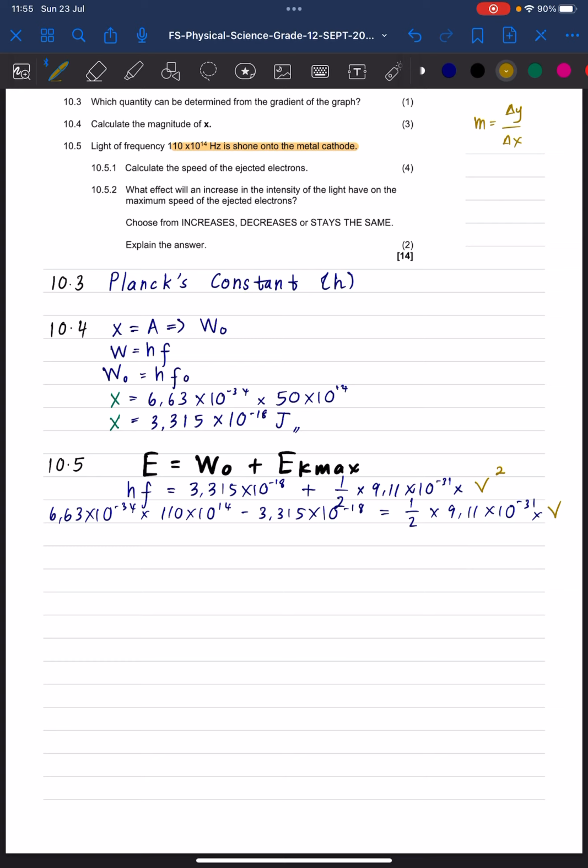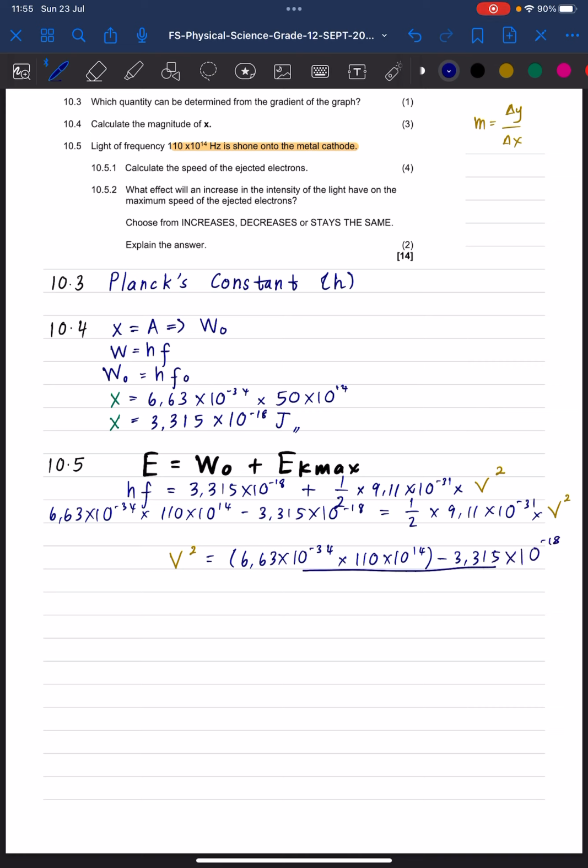Now this is just my tip, and I don't want to impose anything on you. If you want to do it your way, you do it your way. How I would put this in a calculator is like this. 6.63 times 10 to the negative 34 multiplied by 110 times 10 to the 14, minus 3.315 times 10 to the negative 18.